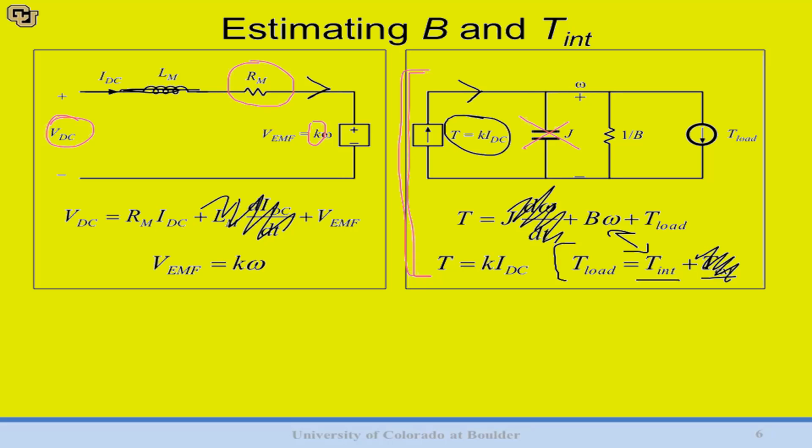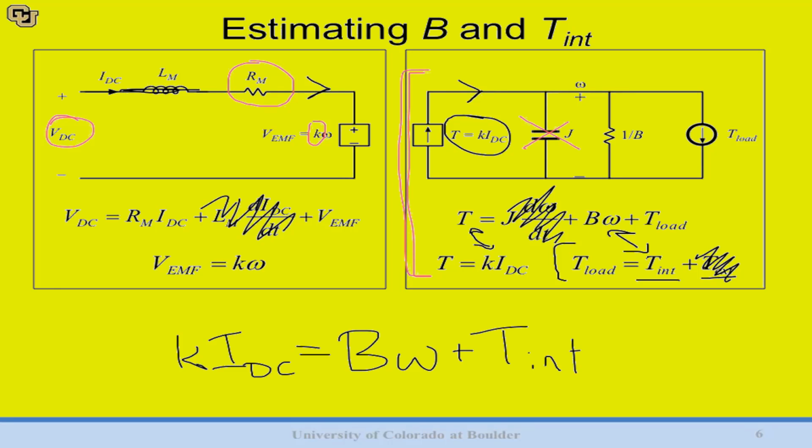Well, let's just write this out a little bit clearer, and we're going to substitute K IDC for T, and we're going to substitute T int for T load. So we have K IDC equals B omega plus T int.